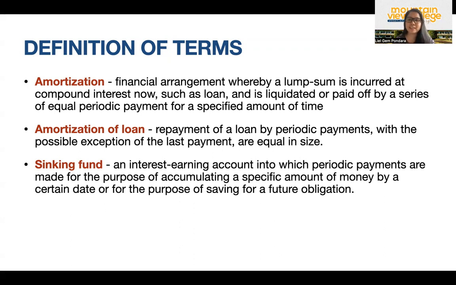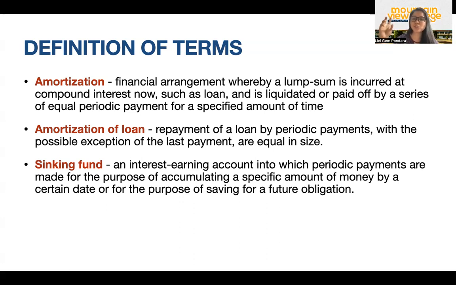Next is the sinking fund. The sinking fund is the opposite of amortization. In amortization, you made a loan and you'll pay this loan in a series of equal periodic payments. In a sinking fund, for example, you have a future project.